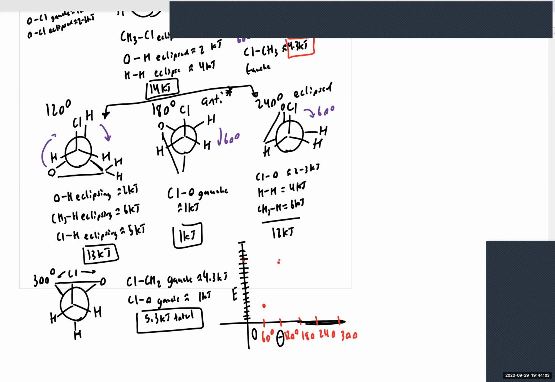For 180, it was close to 1. For 240, we said it was 12 kilojoules roughly.